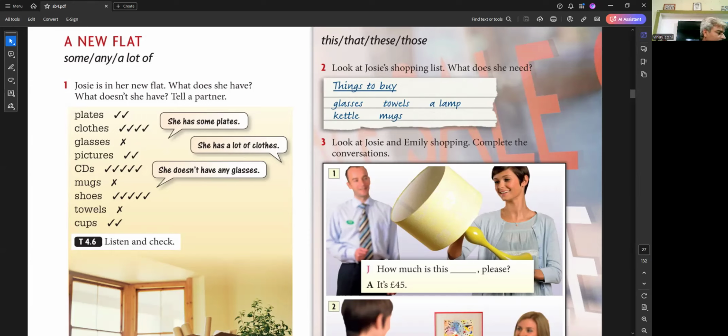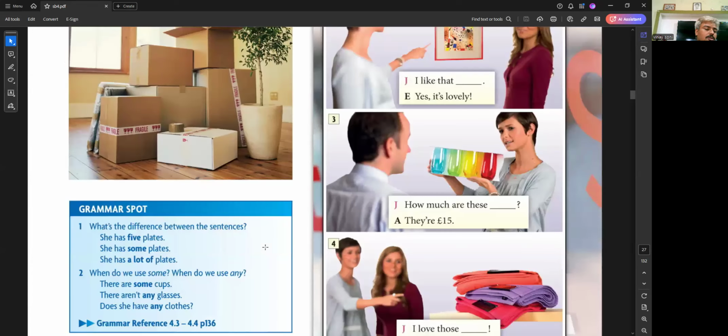Done? Okay, everybody. She has some plates. So when I say she has some plates, am I telling you a definite number? How many?